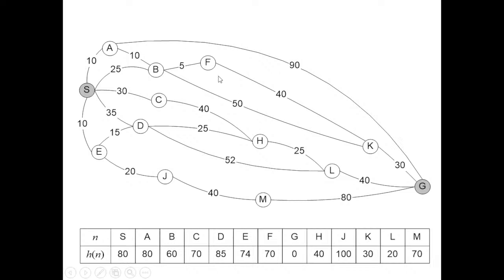It's lower than the other solution, which is A and then directly to G, which is 100. Yes, that's correct. I think that's the lowest one.